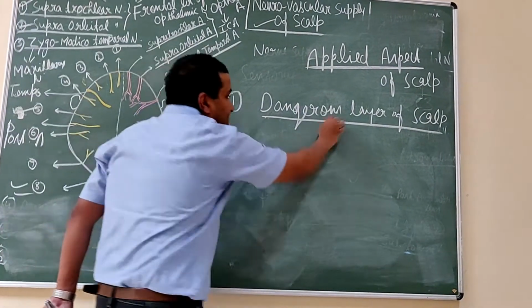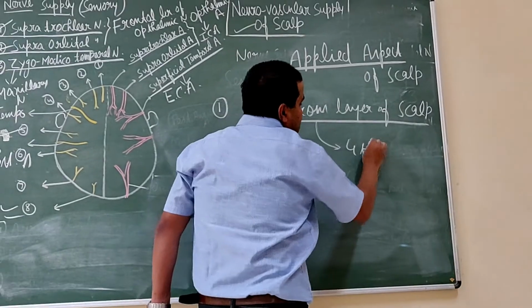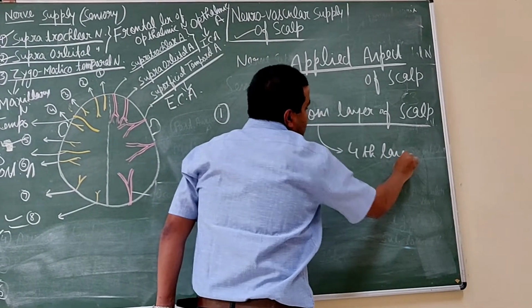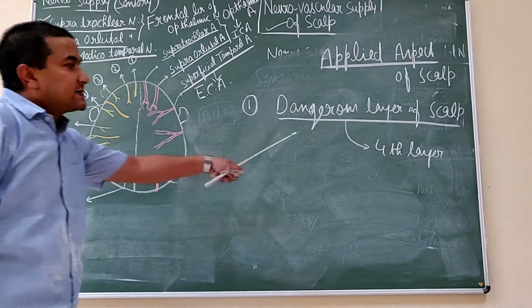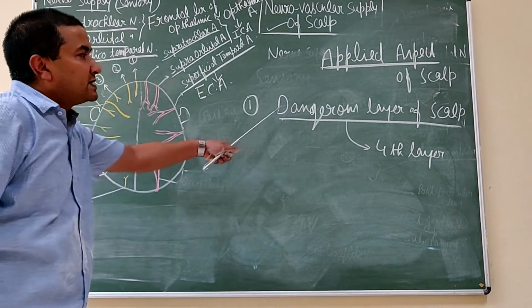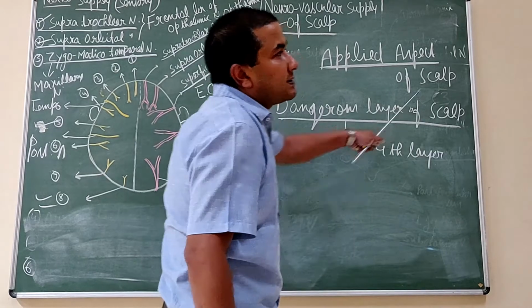The fourth layer, that is the loose connective tissue or subaponeurotic layer, is known as the dangerous layer of the skull.